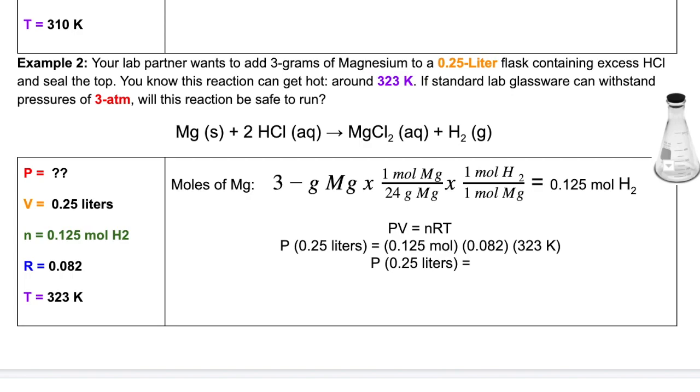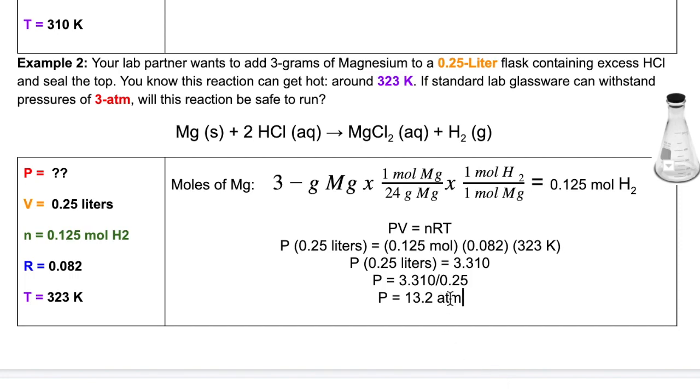If we multiply the right side together, which is 0.125 times 0.082 times 323, you'll end up with 3.310. And now we divide 3.310 by 0.25 to isolate P, and we will get 13.2 atm.